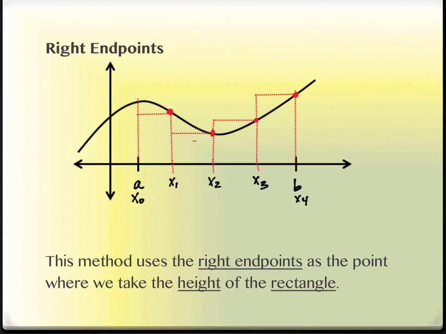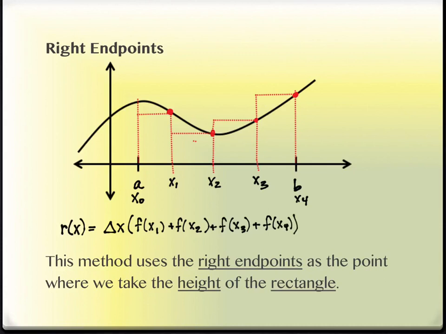Notationally, just like before, I can rewrite this. So this is the delta. I won't write all the pieces out. I'm going to call this r of x because I'm using the right-hand endpoints. It is delta x, and then for this one in particular, I would have f of x1, f of x2, f of x3, and this time I do need f of x4 because the heights here are determined by the x values that are on the right-hand side, which is x1 to x4.